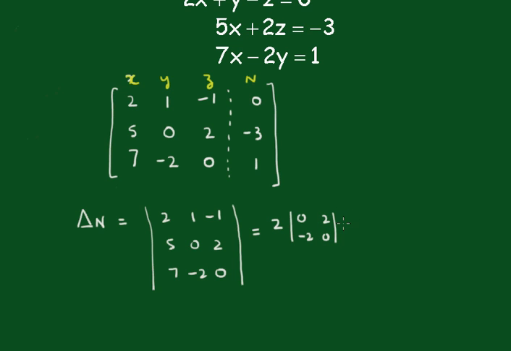This will be a minus 1, minus 1 times the determinant of 5, 2, 7, 0, plus, or actually -1, minus 1, determinant of 5, 0, 7, minus 2. Okay, and that gave you 8 plus 14 plus 10, which gave you 32.